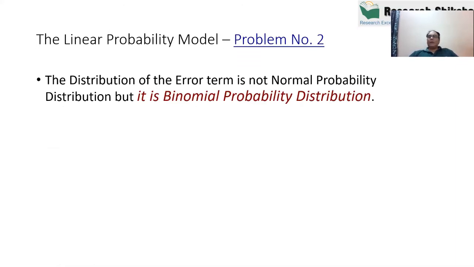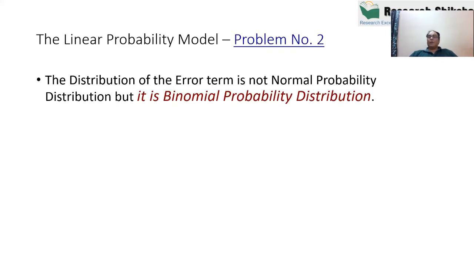The linear probability model, which means the OLS model, assumes that the dependent variable is normally distributed. But it is a fact that a binary variable cannot be normally distributed, and the error term should not be normally distributed either.